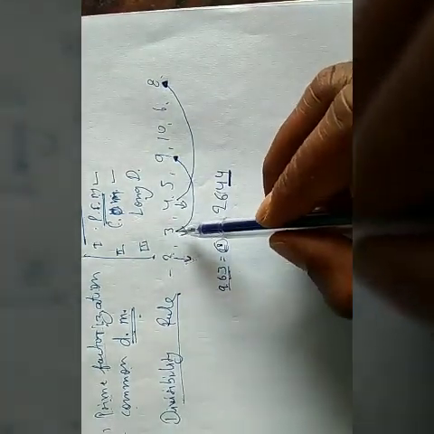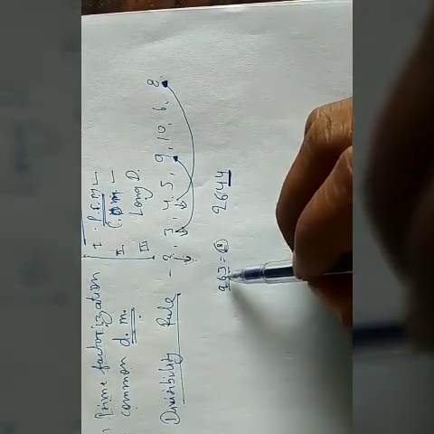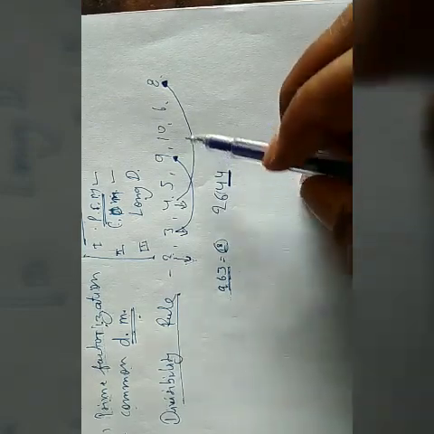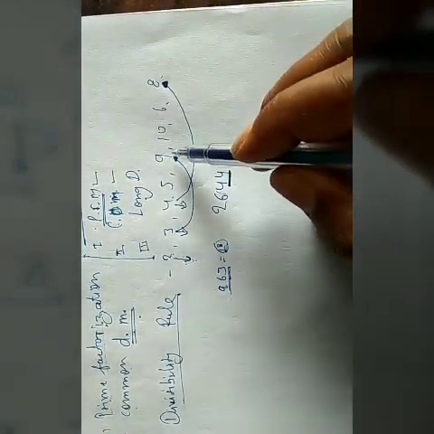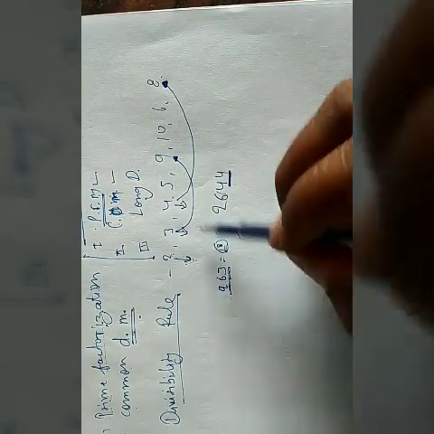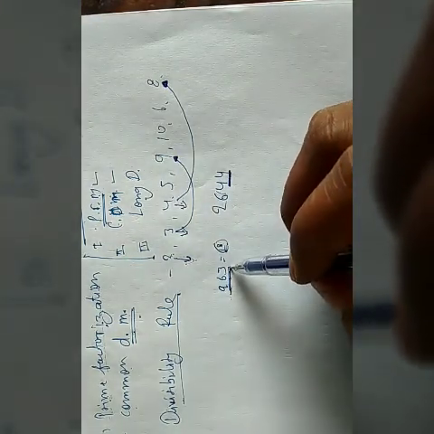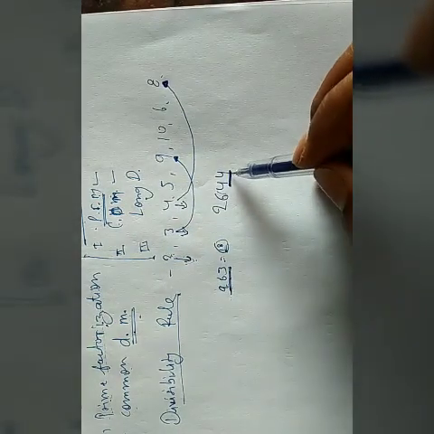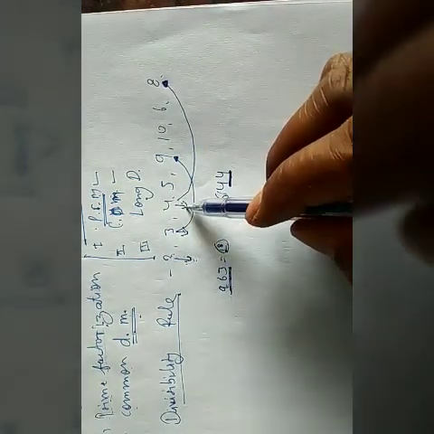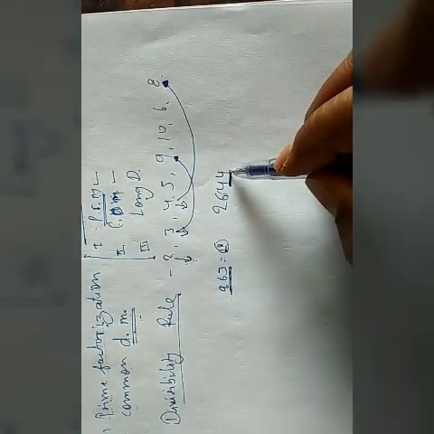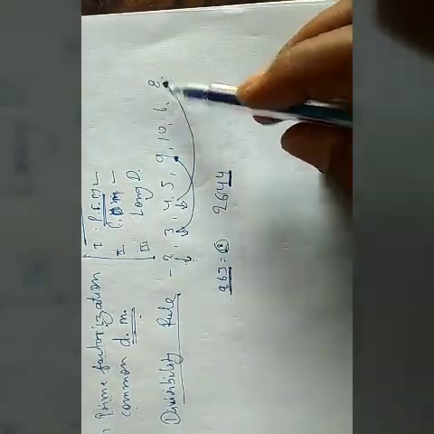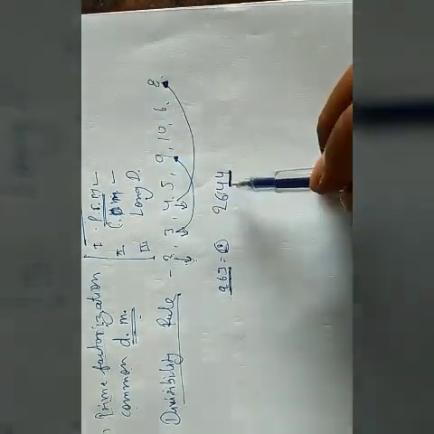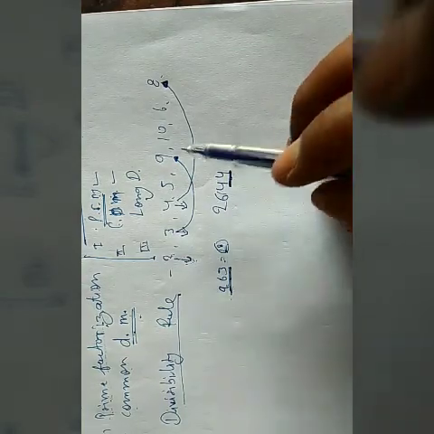Rule of 3 is if the sum of digits divides by 3, the number will be divisible by 3, or if the sum of digits is divisible by 9, the number will be divisible by 9. Divisibility rule of 4, if the number formed by last 2 digits is divisible by 4, then the number will be divisible by 4. Same for 8. If the number formed by last 2 digits is divisible by 8, then the number will be divisible by 8.